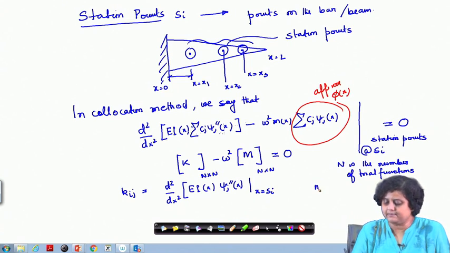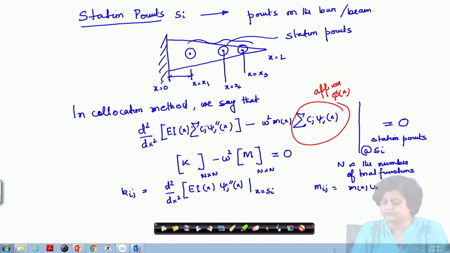Similarly, what is Mij? Mij is going to be mx psi j x at x equal to Si.